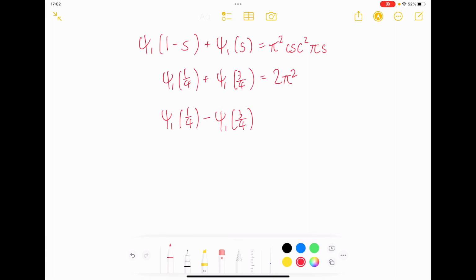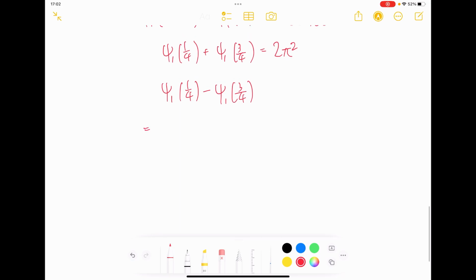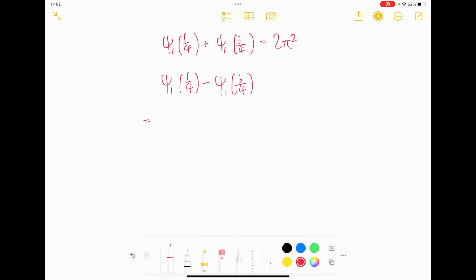And what we're going to use is actually the series representations of these things. So psi 1 of s can be written as the sum from n equals 0 to infinity of 1 over n plus s squared. That's really convenient because we can just put it in. We're going to combine the sums as well.